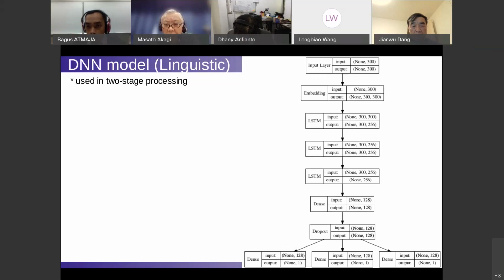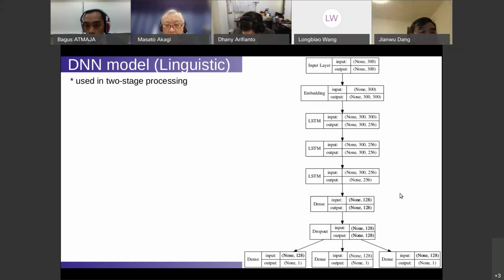And for linguistic information, I did something similar. Actually, I also compared with CNN, but using one-dimensional CNN, the result of LSTM is better. The difference is in the first LSTM layer. Because I use 300-dimensional word vectors, I use 300 units in the first layer, and the second and third layers are similar.